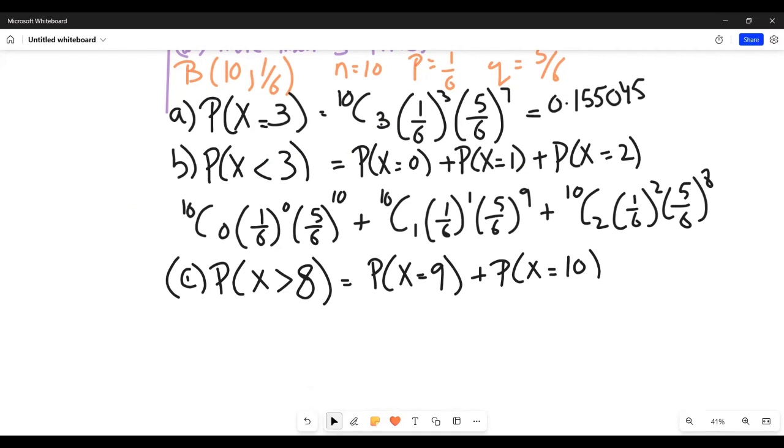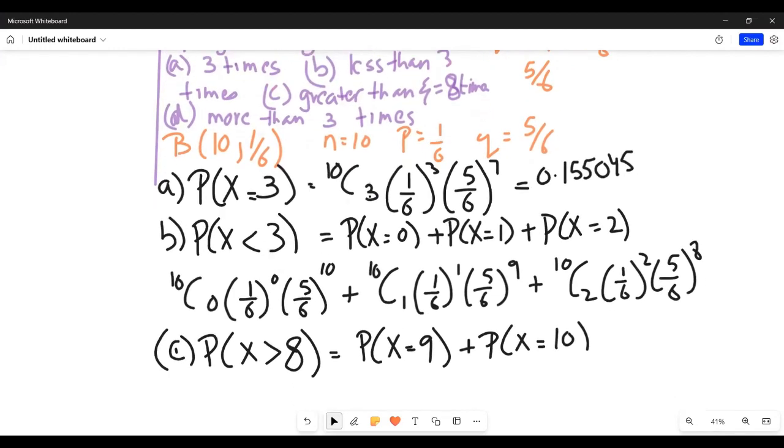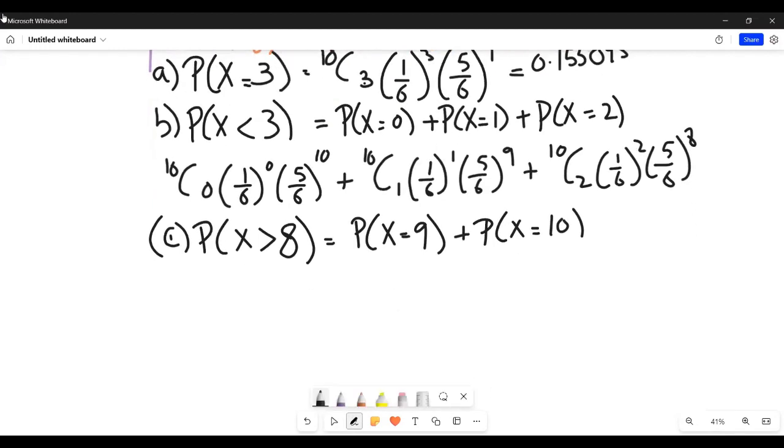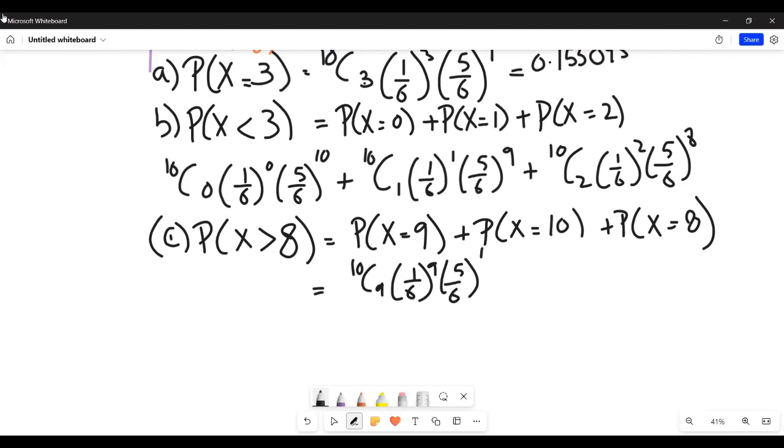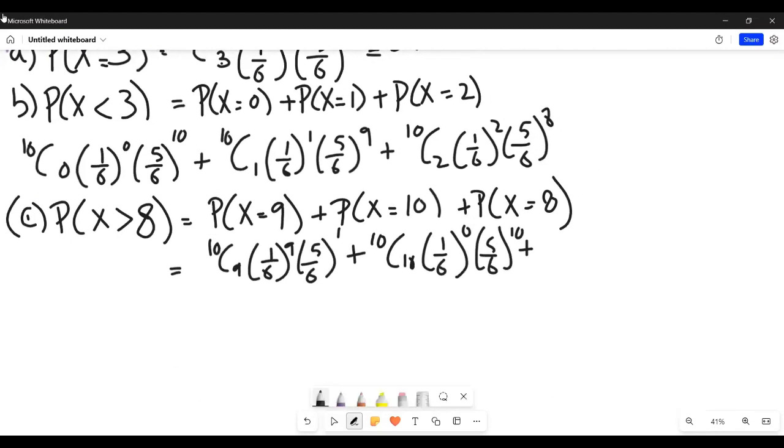Is it more than or more than equals to? Greater than and equals to 8. So we must also add probability x equals 8. Okay, so this one is going to be 10C9, probability of success 1 by 6 power 9, 5 by 6 power 1, plus 10C10, 1 by 6 power 10, 5 by 6 power 0, plus 10C8.